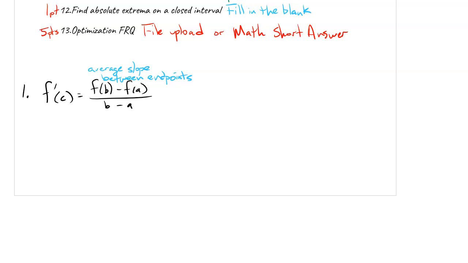So the derivative is going to be the instantaneous slope. That's the average slope. So that would be the instant slope at x equals c. So let's, I suppose, Connor, do you want to choose the next person? You did very good.